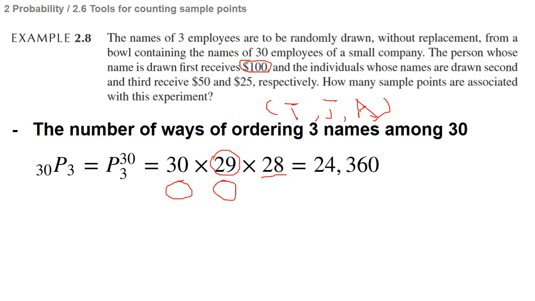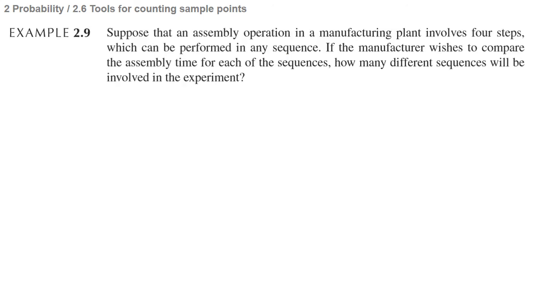Okay, let's move on to example 2.9. Suppose that an assembly operation in a manufacturing plant involves 4 steps, which can be performed in any sequence. If the manufacturer wishes to compare the assembly times for each of the sequences, how many different sequences will be involved in the experiment?